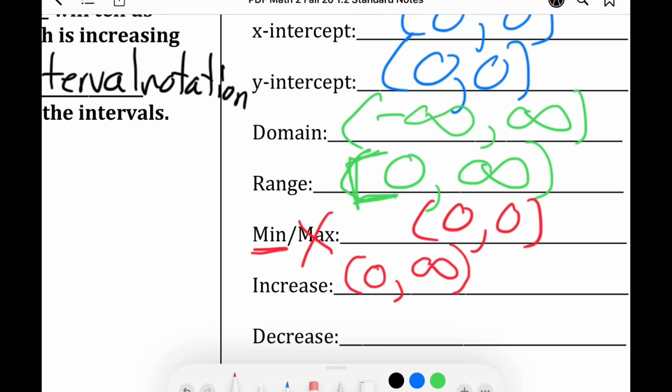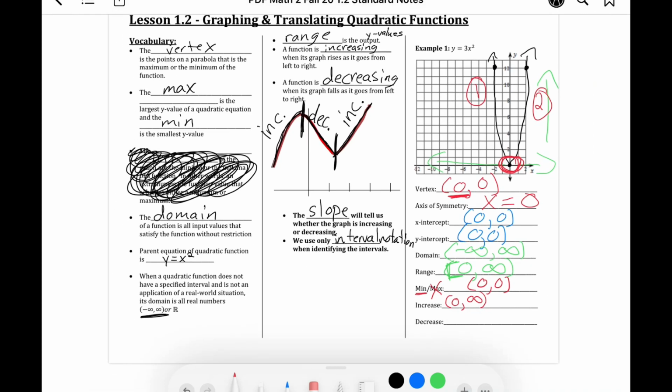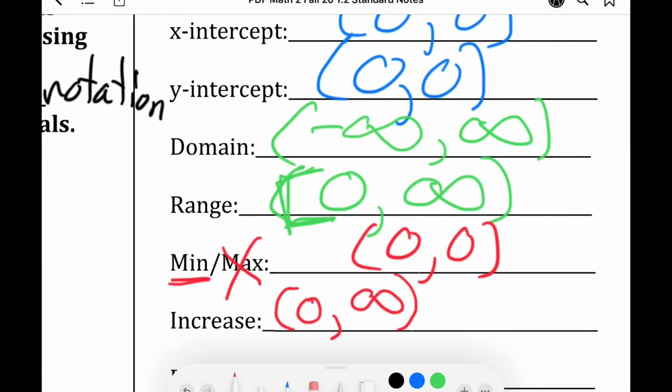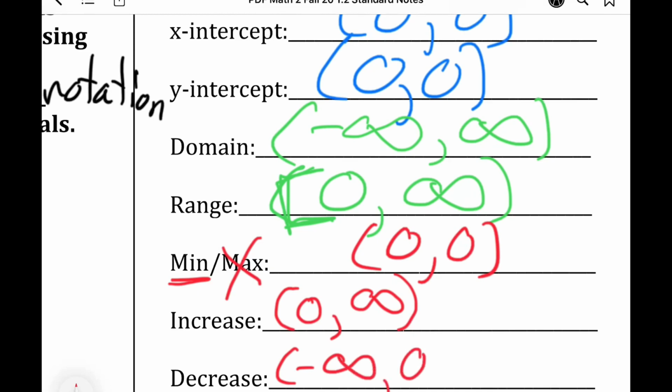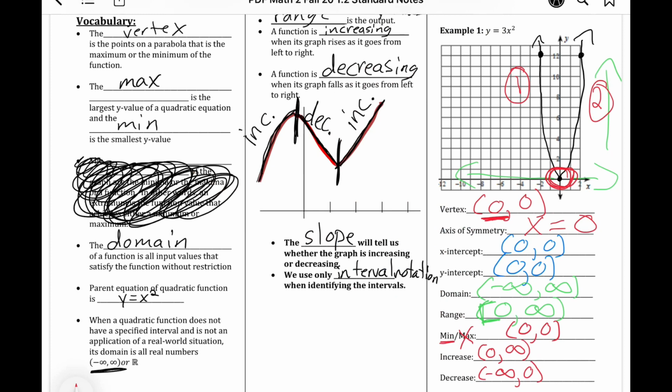And that is our interval of increase. Now what about decrease? Well, going left to right, we are decreasing from negative infinity to 0. And that is our example 1.